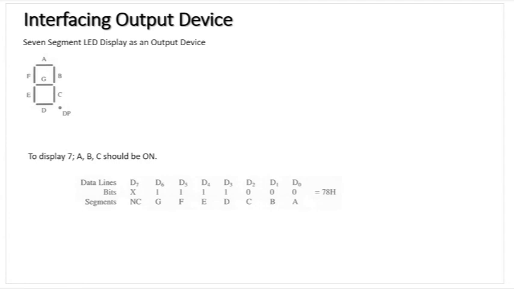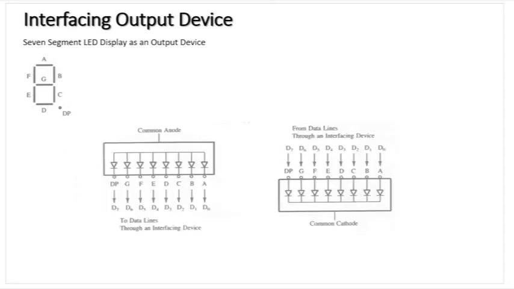Since we are connecting these D0 to D6 lines to NOT gates, and we want to display number 7, A, B, C should be on.